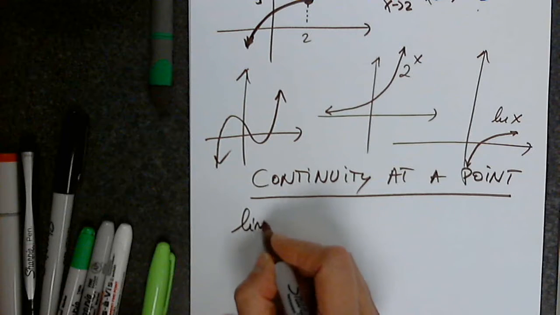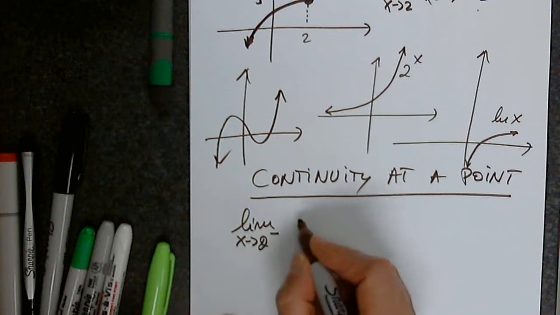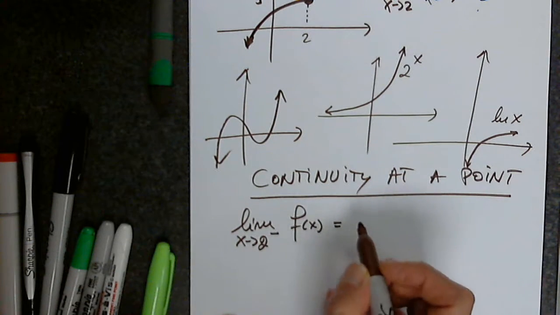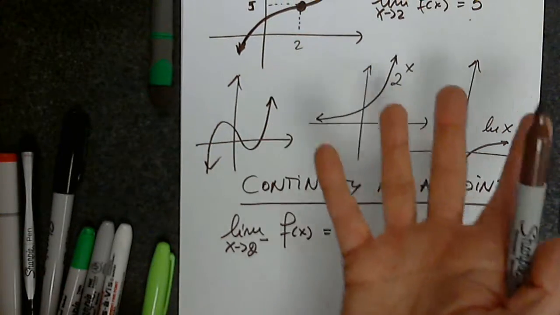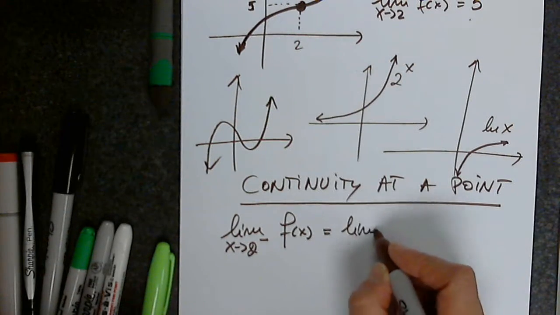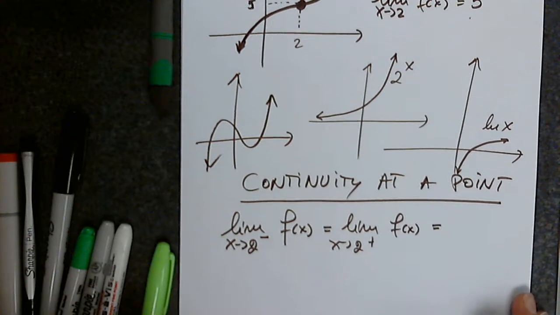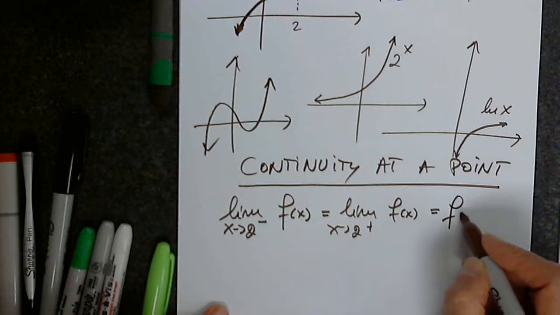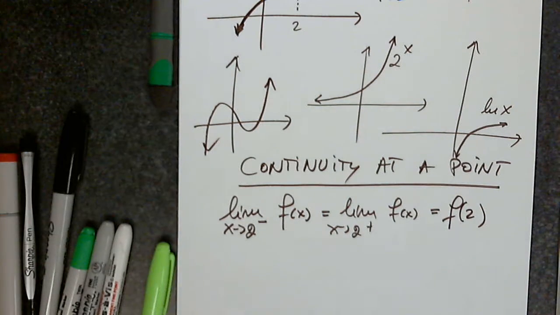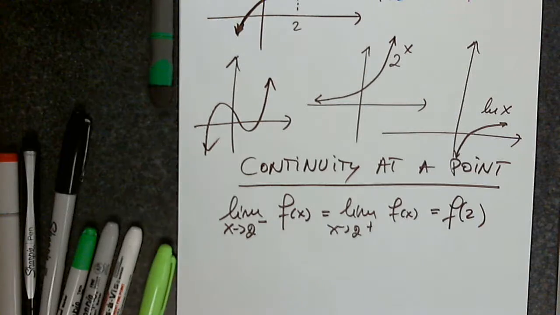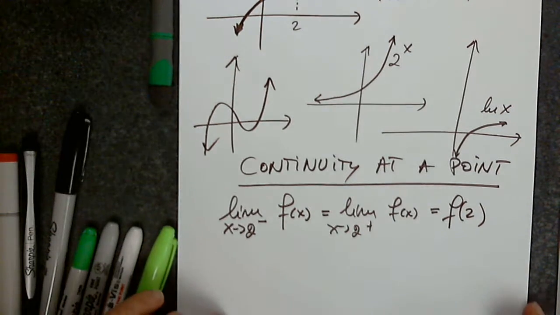So the limit as x approaches 2 from the left of f of x equals, we should write a, but since I gave you this example, that's fine. The limit as x approaches 2 from the right of f of x must equal, exactly. This is the definition of continuity at the point. In which situations is a function discontinuous?